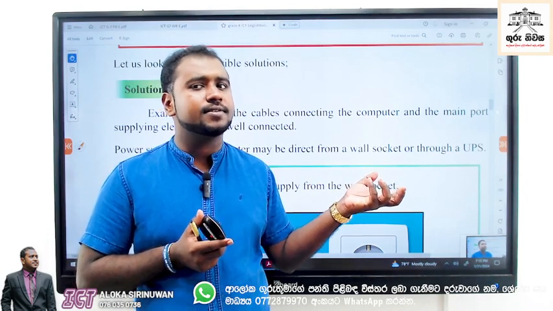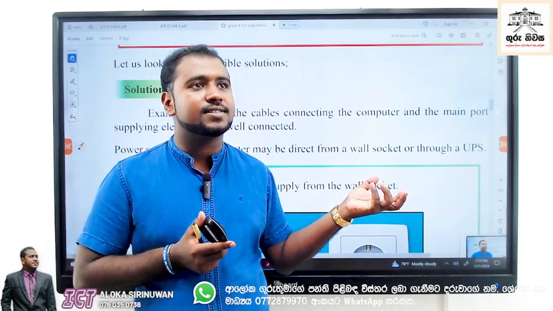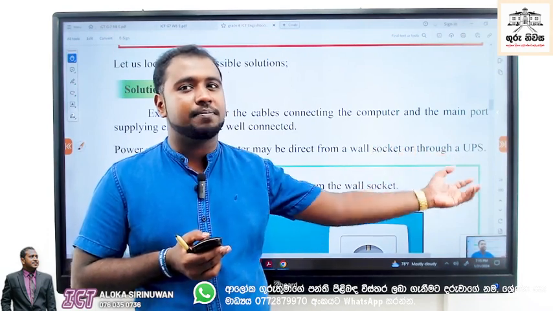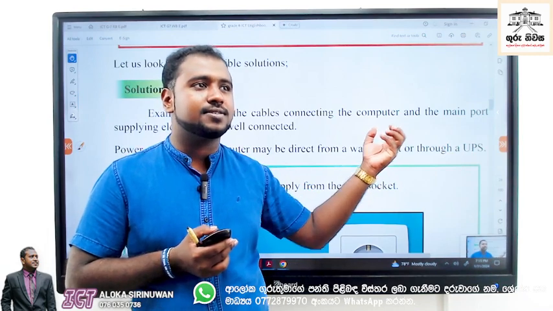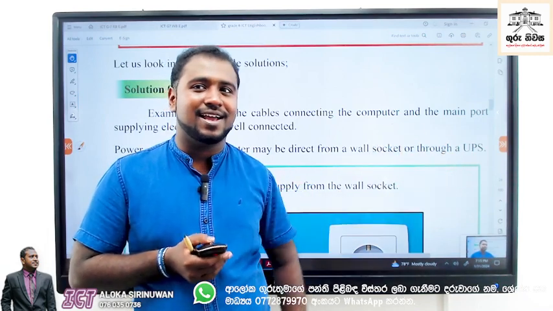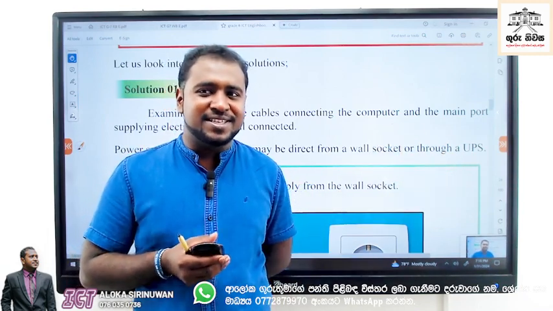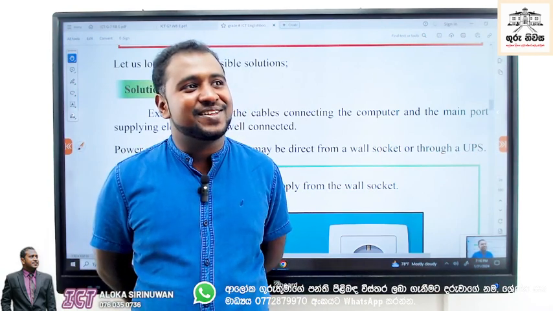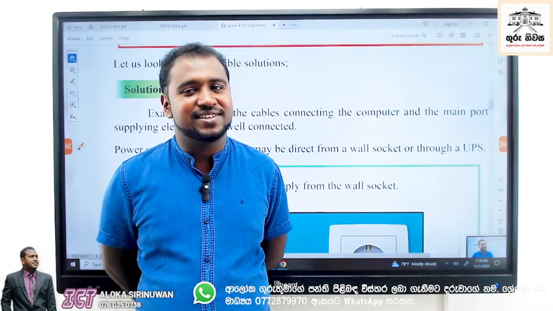What is UPS? Uninterrupted power supply. Does anyone know the meaning of that word?